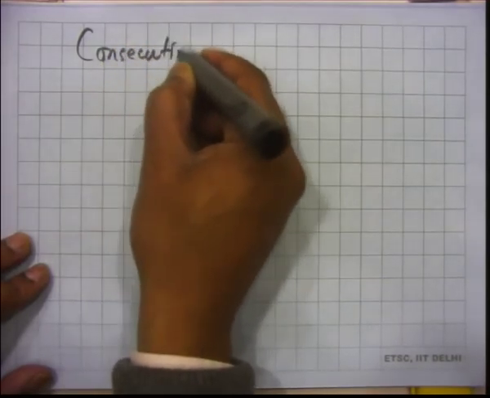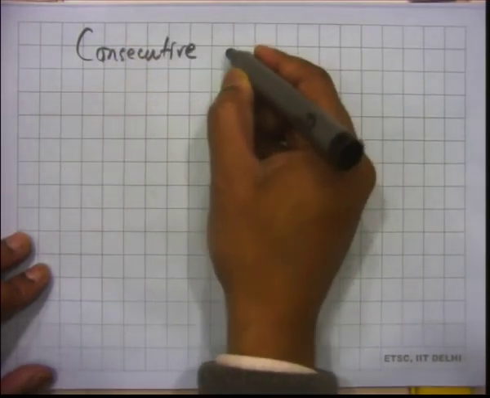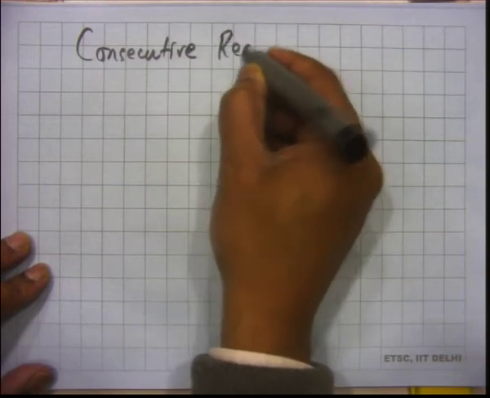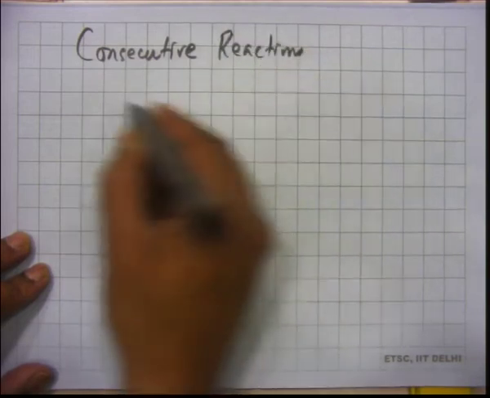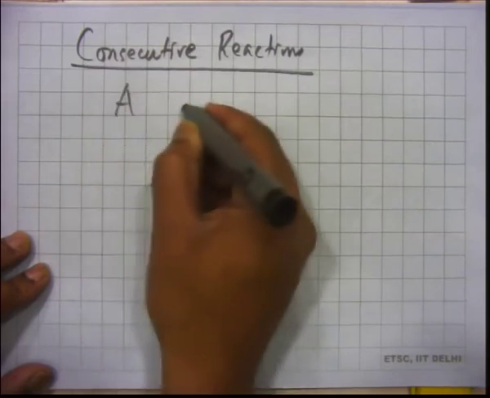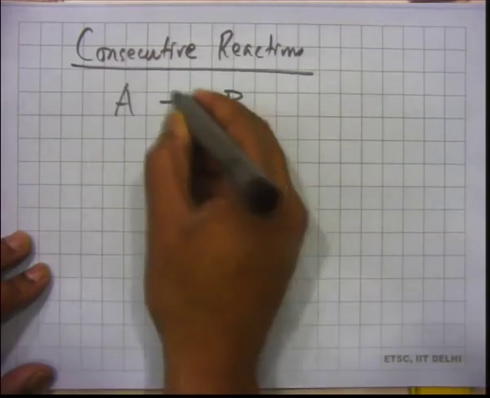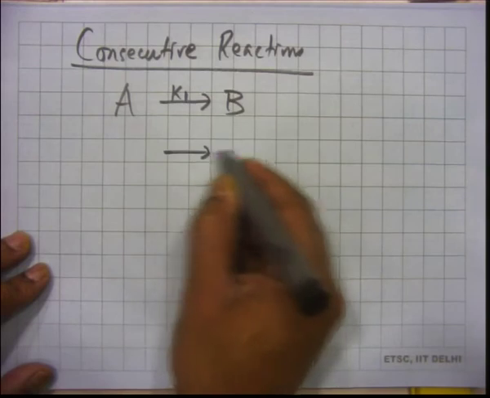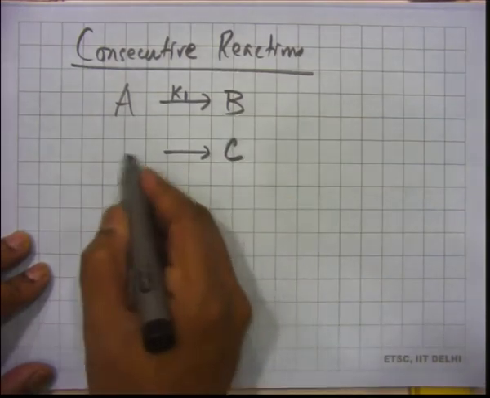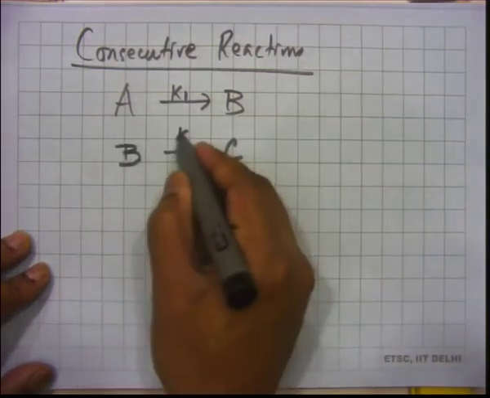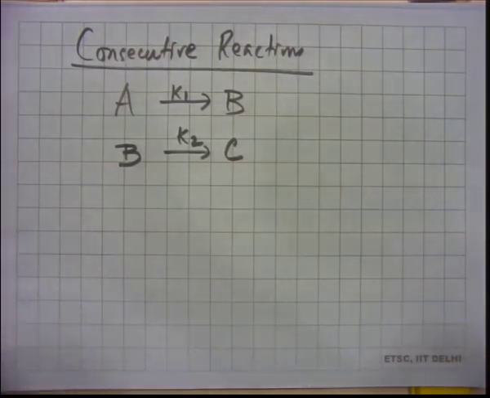Happens to be quite interesting. So, here it is A going to B, and as you could guess I should write B going to C here. This set, A going to B and B going to C, is a set of consecutive reactions.